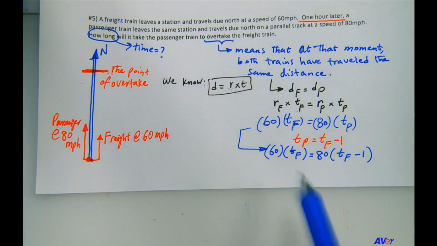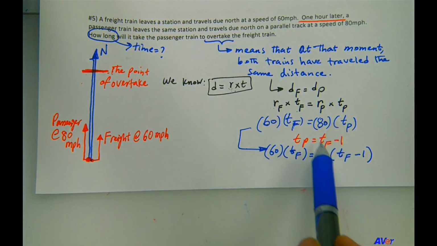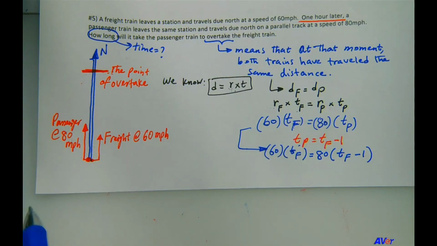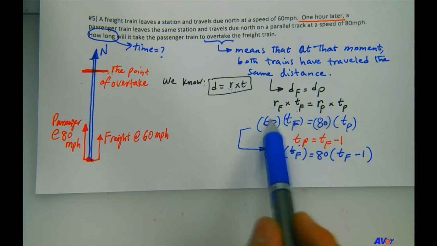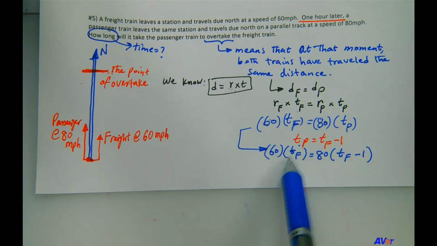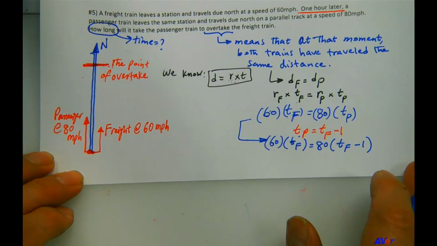What happened here is that because of the relationship that exists between the time that the freight train has been in motion and the time that the passenger train has been in motion, we are able to reduce one equation, two unknowns, to one equation, one unknown. Okay? Which is great. Now we can solve this equation with the techniques we've learned about in this course.